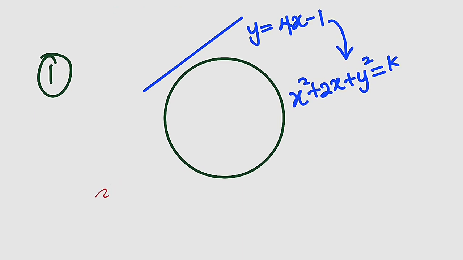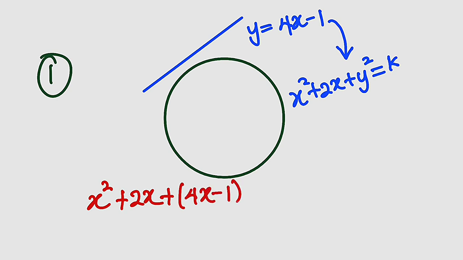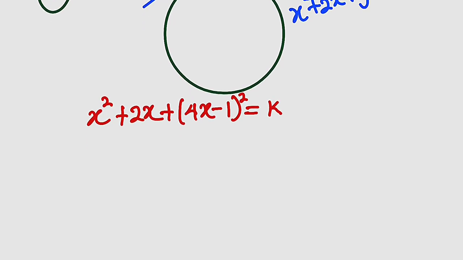So let's do that. We have x squared from the equation of the circle plus 2x plus y squared, but this time around we have 4x minus 1 all squared. And this is equal to k. Let's expand.